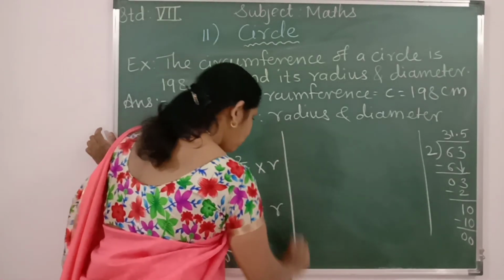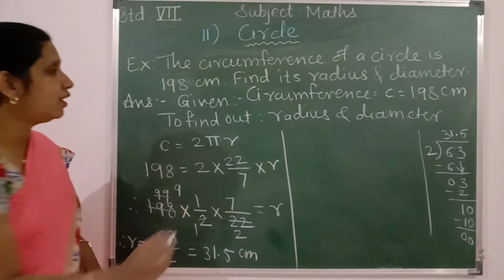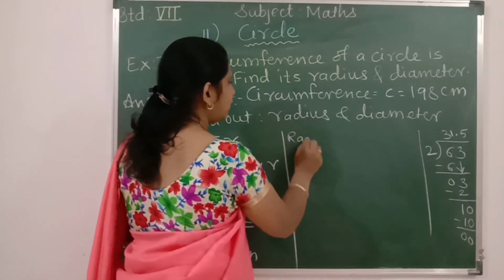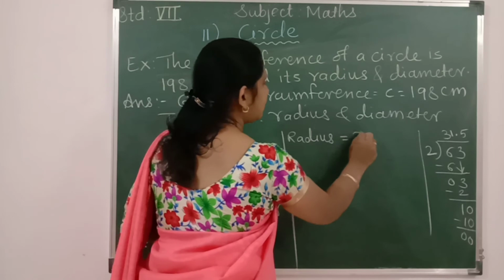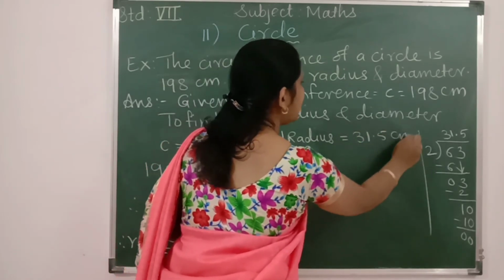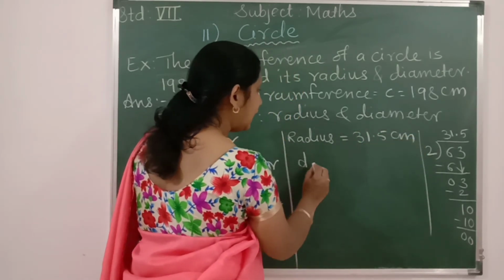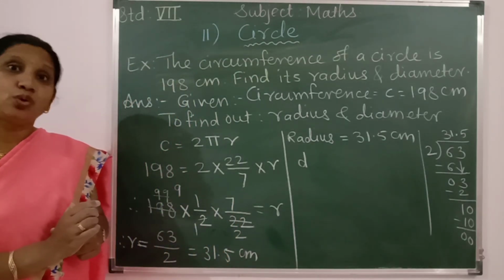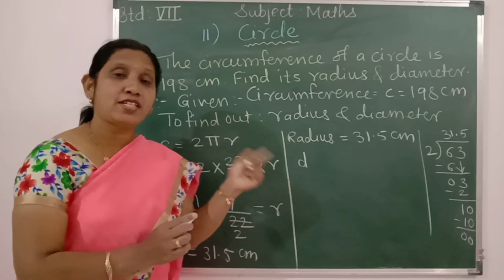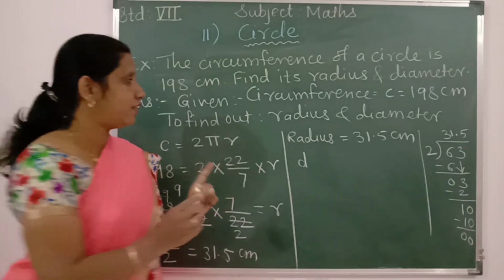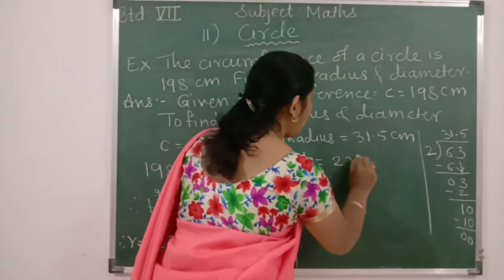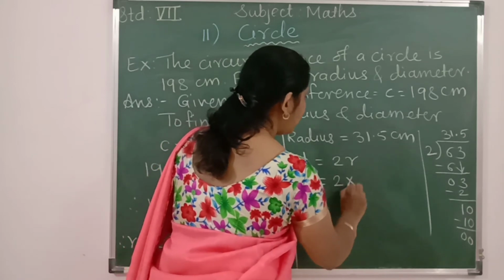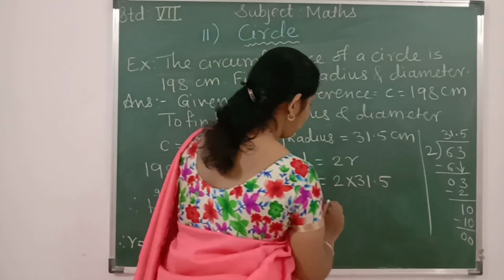Therefore now we find out diameter. Radius we got is equal to 31.5 centimeter. Diameter d we have to find out, which is equal to 2r. Diameter is always twice of radius. So d is equal to 2r. So 2 into 31.5.